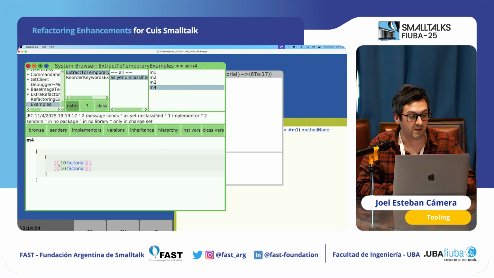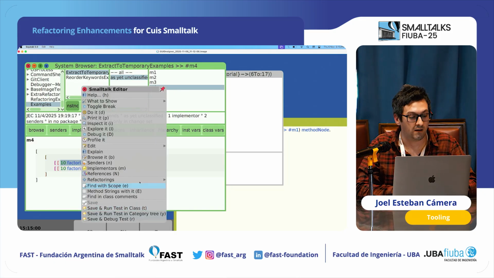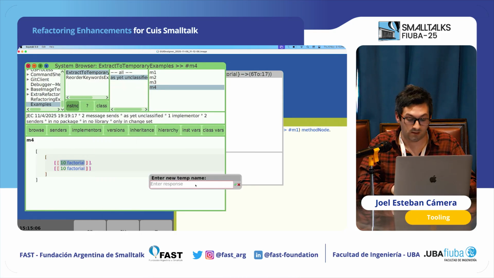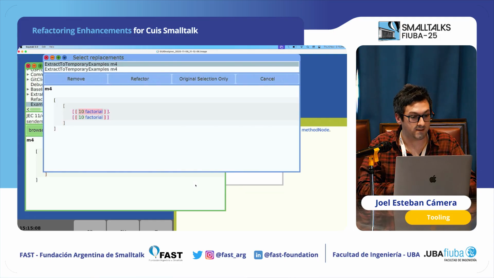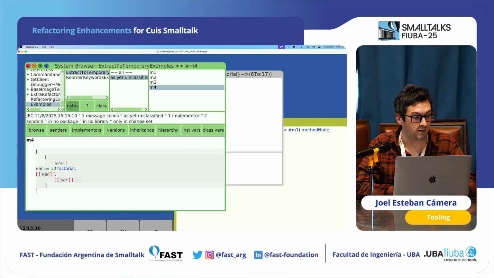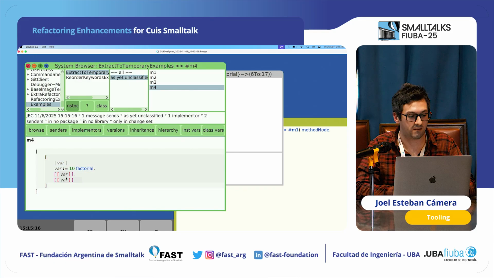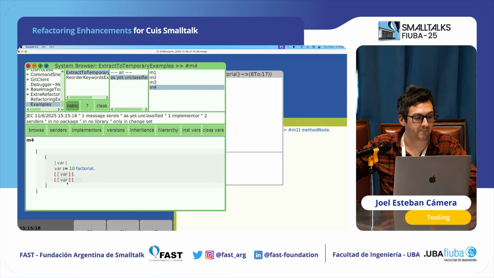This kind of code was difficult because I have more than one scope to choose where to add the new temporary. And as I said, this will refactor it in the common scope that is nearer than the pieces of code I'm trying to extract.